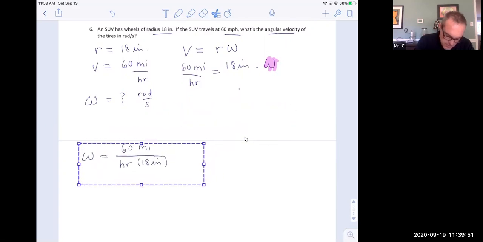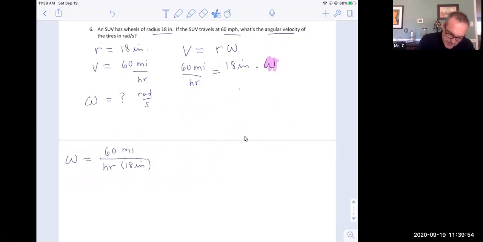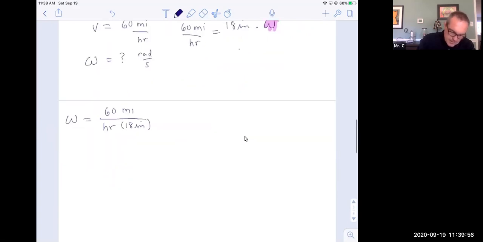So I'm going to move this over here, give myself plenty of room. Miles and inches, can I cancel them out? I can. I can get rid of miles by going to feet. That's 5,280 feet, and that'll cancel out my miles unit. I know a foot is 12 inches.